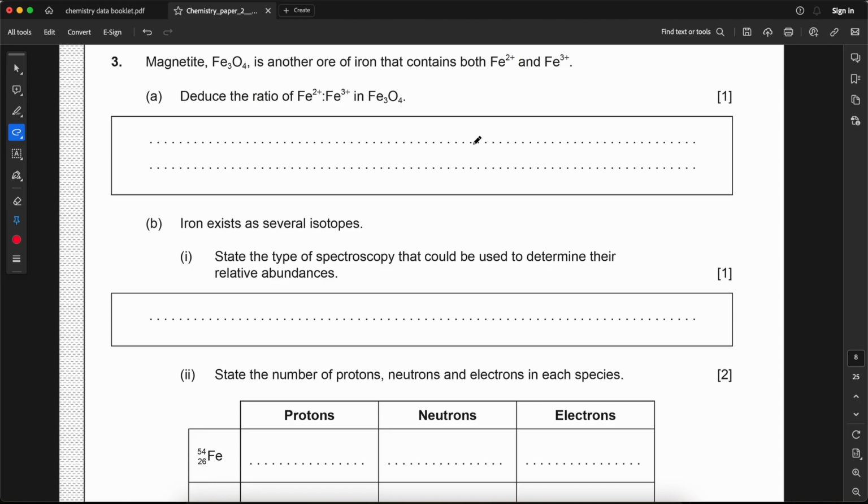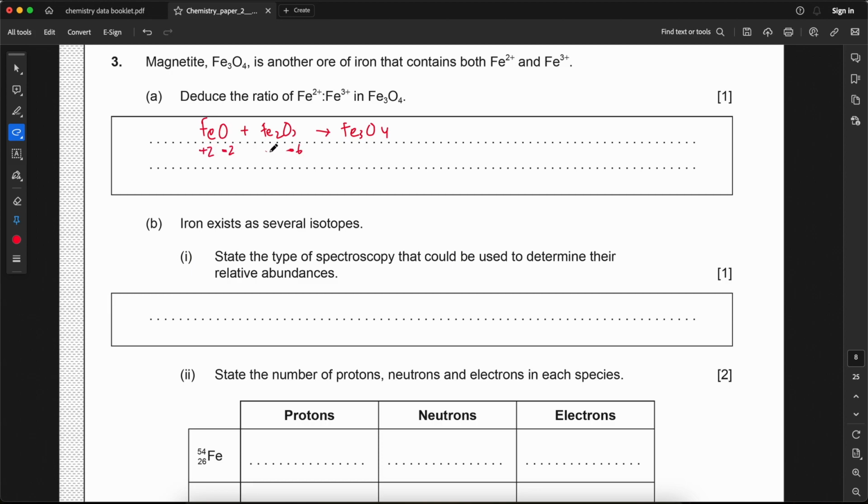Magnetite, Fe3O4, is another ore of iron that contains both Fe2 plus and Fe3 plus. Deduce the ratio of Fe2 plus to Fe3 plus in Fe3O4. Okay, so the reaction would be FeO reacts with Fe2O3 to produce Fe3O4. For the oxidation number here, it's +2.